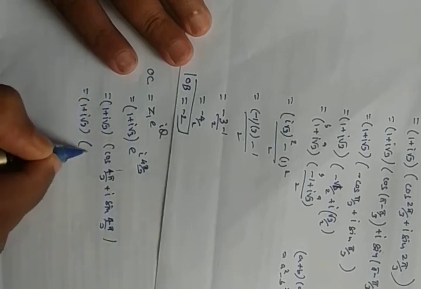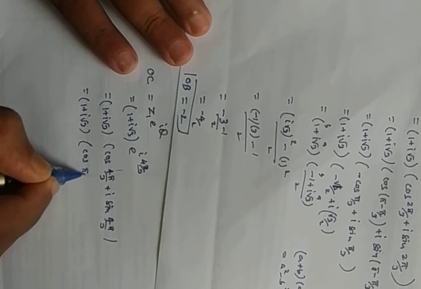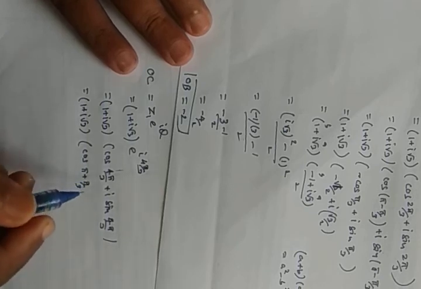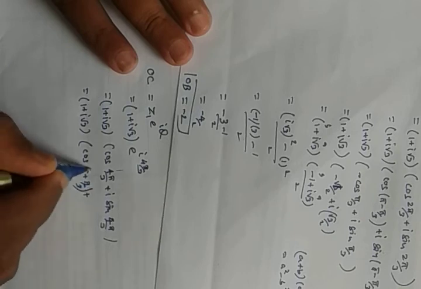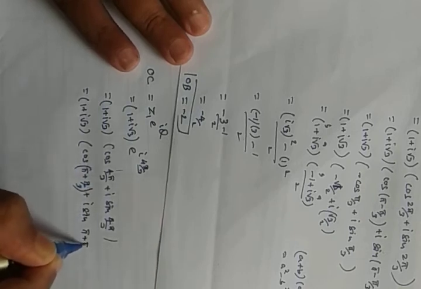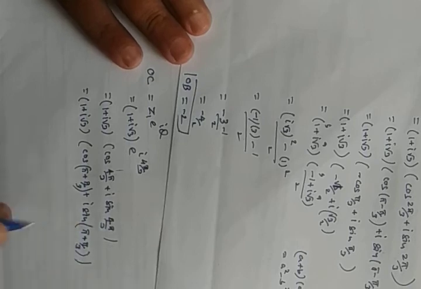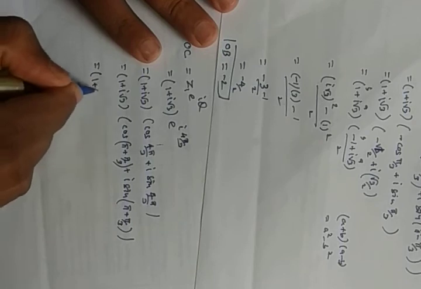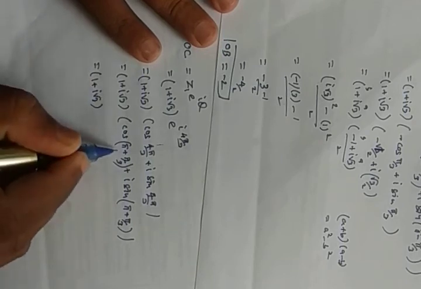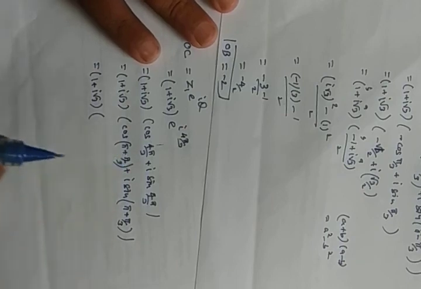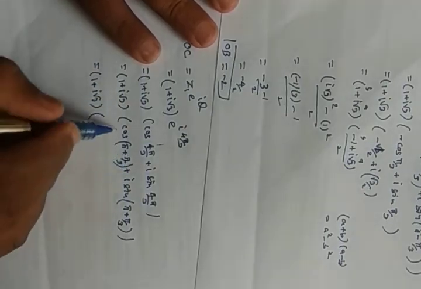Now again 1 plus i root 3. Here cos 4 pi we can write as pi plus pi by 3. Correct? Cross multiply, 3 into pi, 3 pi plus pi, 4 pi. So again here, i sin of pi plus pi by 3 will come. Now we are getting 1 plus i root 3 times cos of pi plus pi by 3. This is the third quadrant, where in all silver tea, tan alone is positive but cos is not.